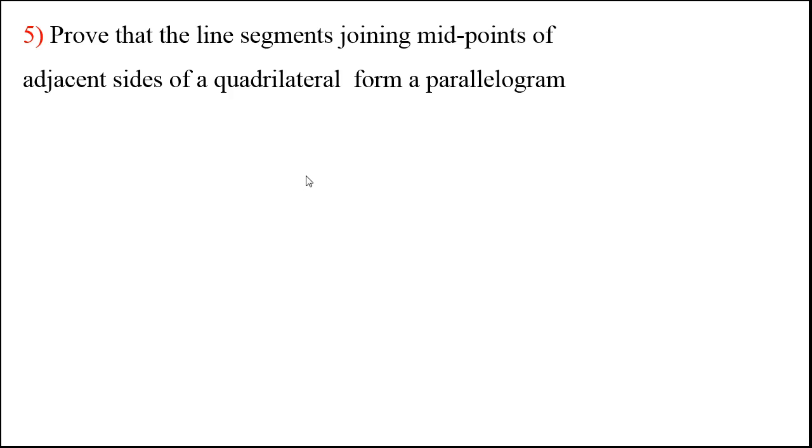Now this is a little bit lengthy, geometrical problem. Prove that the line segments joining midpoints of adjacent sides of a quadrilateral form a parallelogram. Let me explain what this problem says.